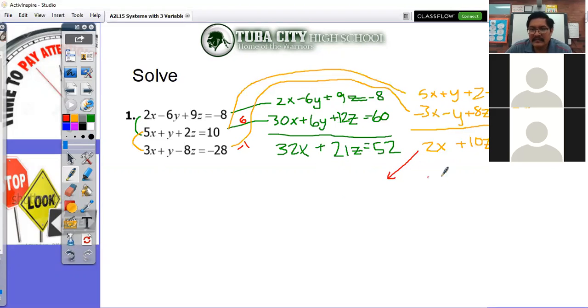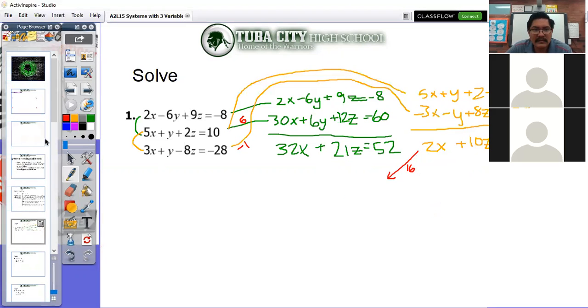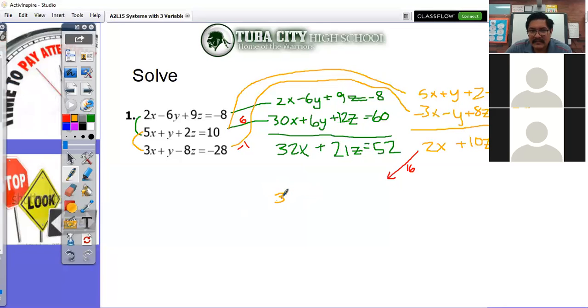So I'm going to need to times this one by, let's see, 16. I'm probably going to have to multiply everything by 16. So 2 times 16 is 32. X times this by 16, that'd be a little bit easier, 160.